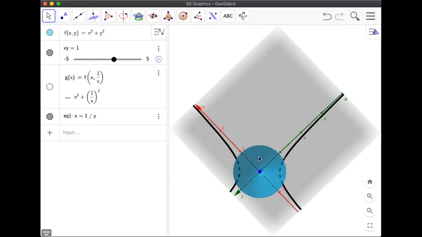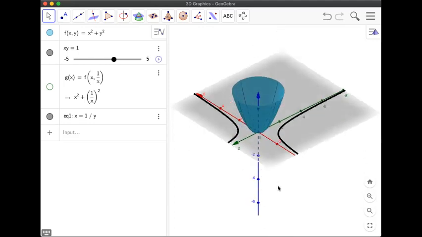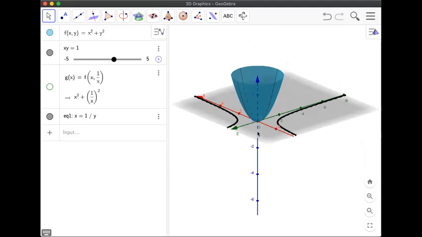So maybe at the level surface f equals 2, that's the one that will kiss the graph of the function g. So I'm not really good at using this app here. What I actually want to do is project it in here, okay, and see what will give me here.